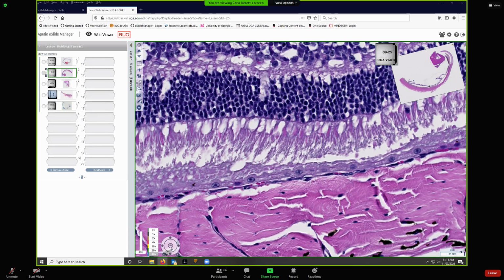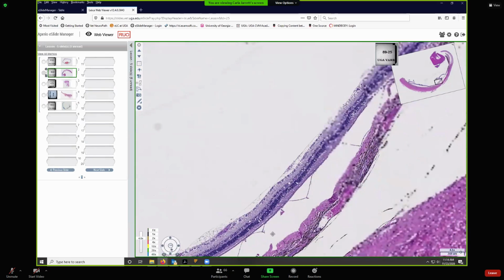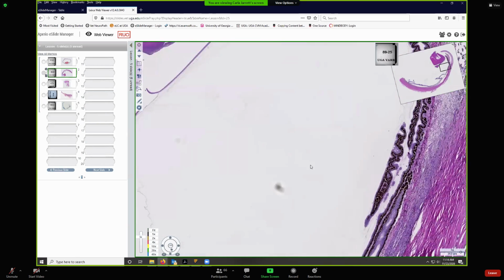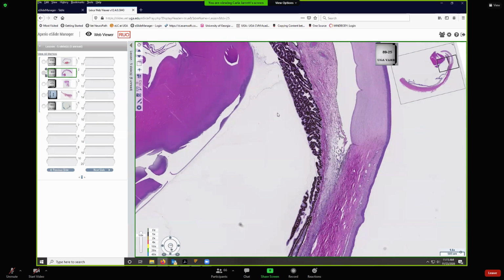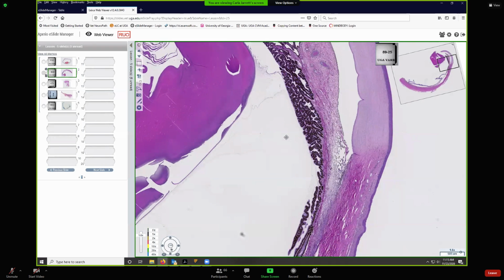And let's see. Accommodation, there was a question about accommodation. That's testing your knowledge of the components of the ciliary body and how those components work to make the process of accommodation occur.